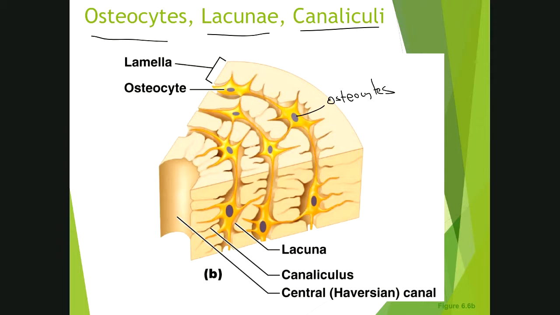And then here's the space they're located in. That's the lacuna, or lacunae is plural. And then here's their little arms, and the arms extend through these little tiny spaces, and those again are called canaliculi.